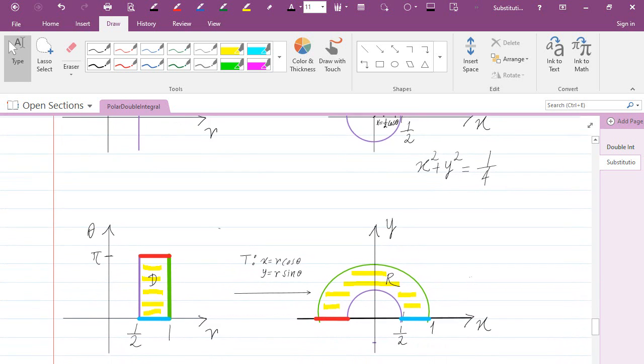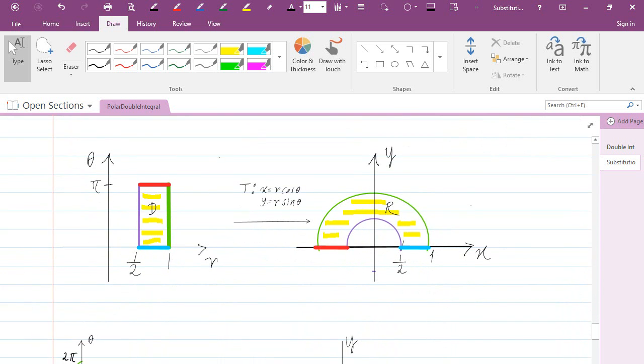Okay, so now another example here. Let's say I have this region D in the r theta plane, where it's a rectangular region bounded by the sides r is equal to half, r is equal to 1, theta is 0 here, theta is pi on this side. And T maps the red segment to the red segment here.